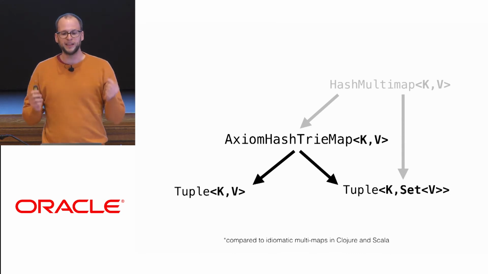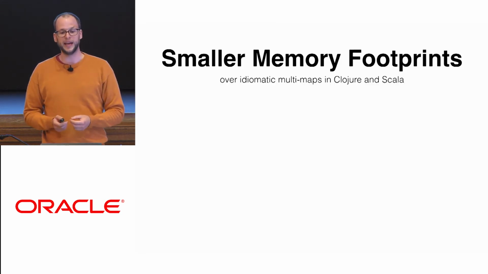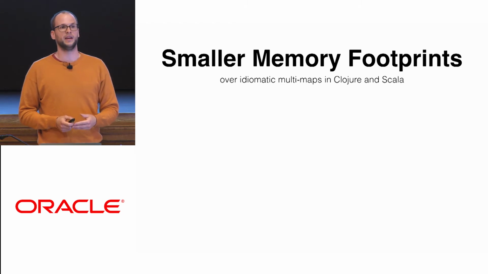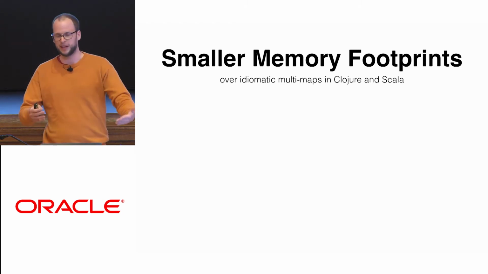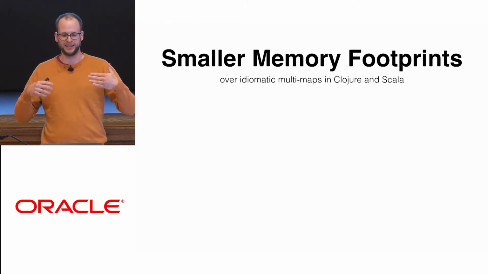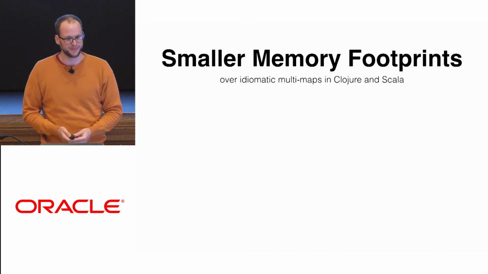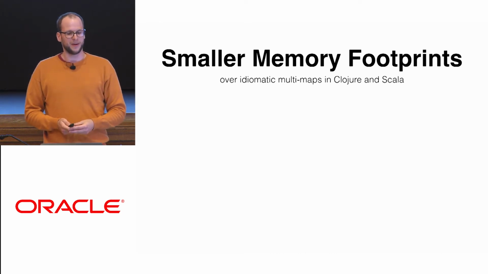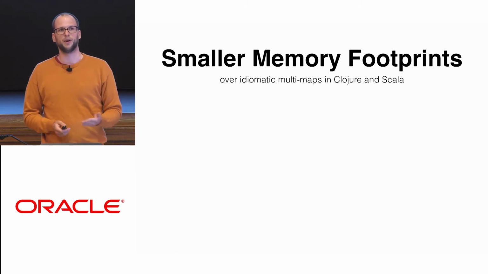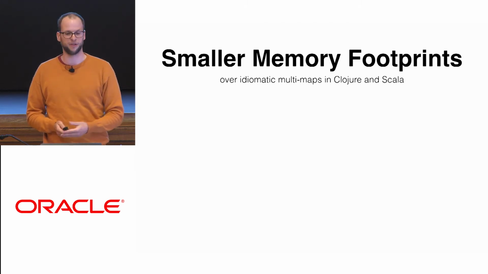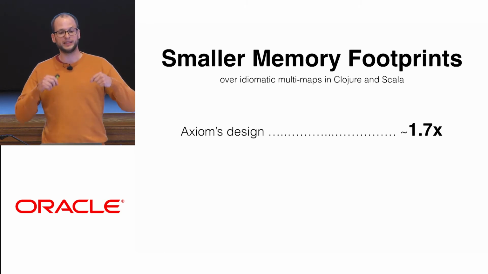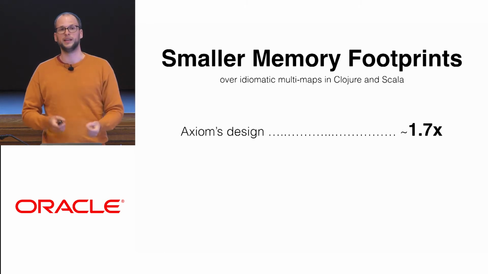And what's particularly interesting is that we gain tremendously in lowering footprints. Well, how can we split it up? If we compare that to idiomatic multi-maps in Clojure and Scala, as I mentioned before, Axiom's design already delivers 1.7 times improvements over the other two.